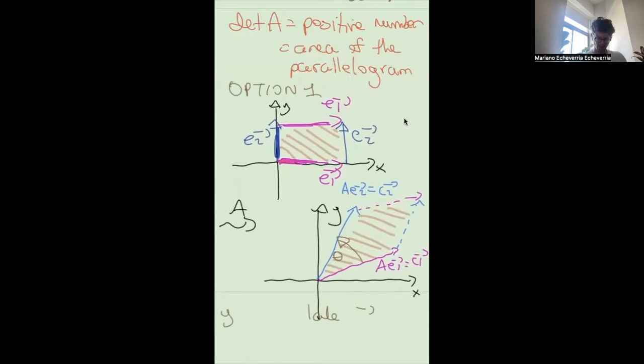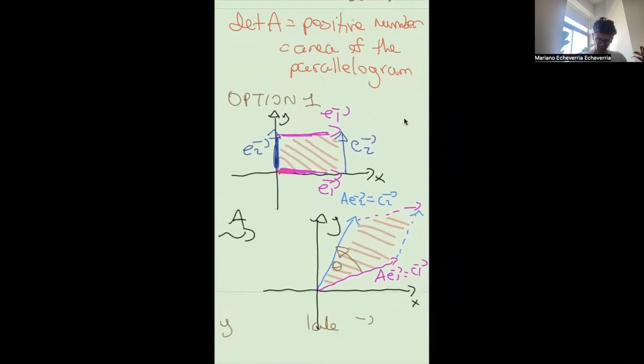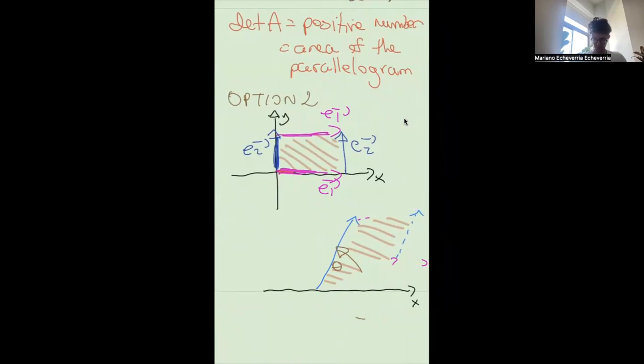Now when you do the matrix multiplication, E1 is aligned here, and then E2 ends up being here.